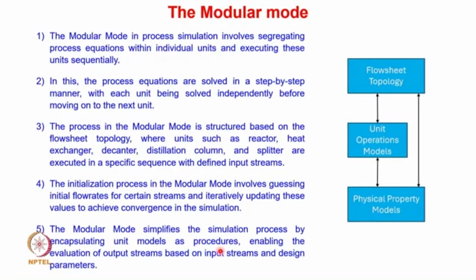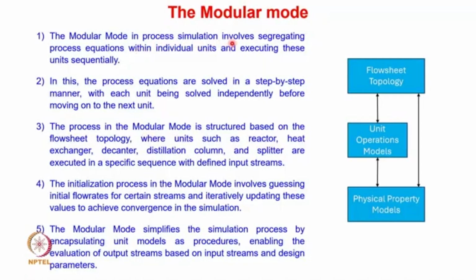Now coming back to the modular mode, remember we said that we will discuss how this particular flow sheet can be solved using modular mode. The modular mode in process simulation involves segregating process equations within individual units and executing these units sequentially.